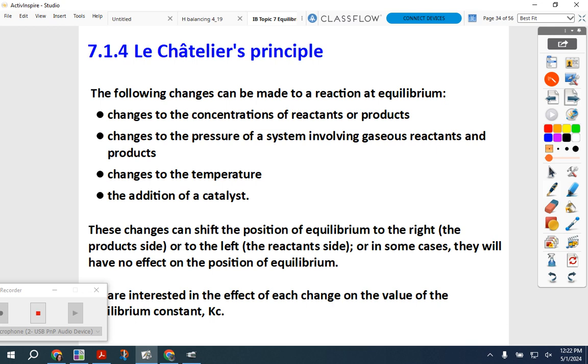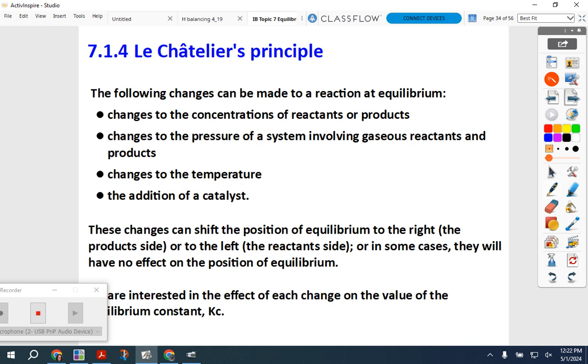Similarly, if we have a system with gases, then changing the pressure is also going to shift the equilibrium a little. Changing the temperature can shift the equilibrium. And adding a catalyst, we'll talk about specifically what that does to the equilibrium. Some of these are going to shift to the right or to the left, depending on which direction we're going in.